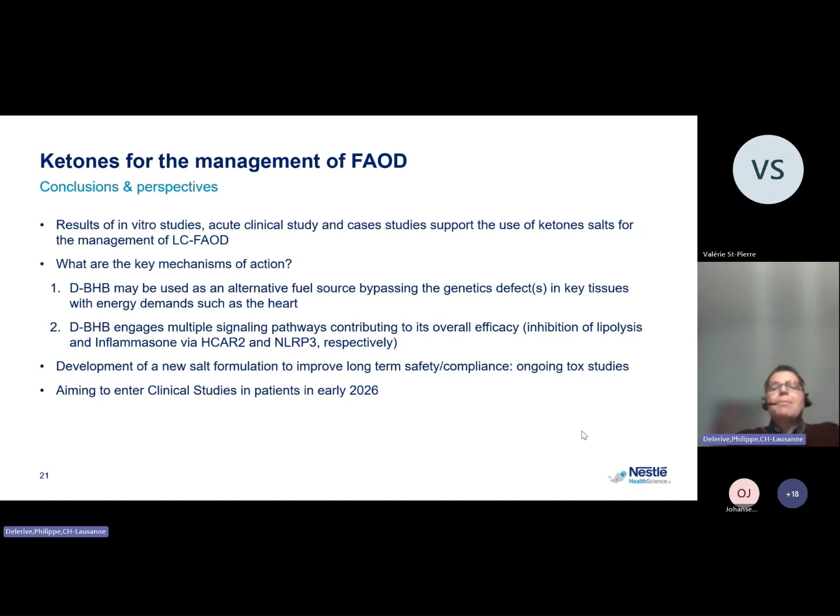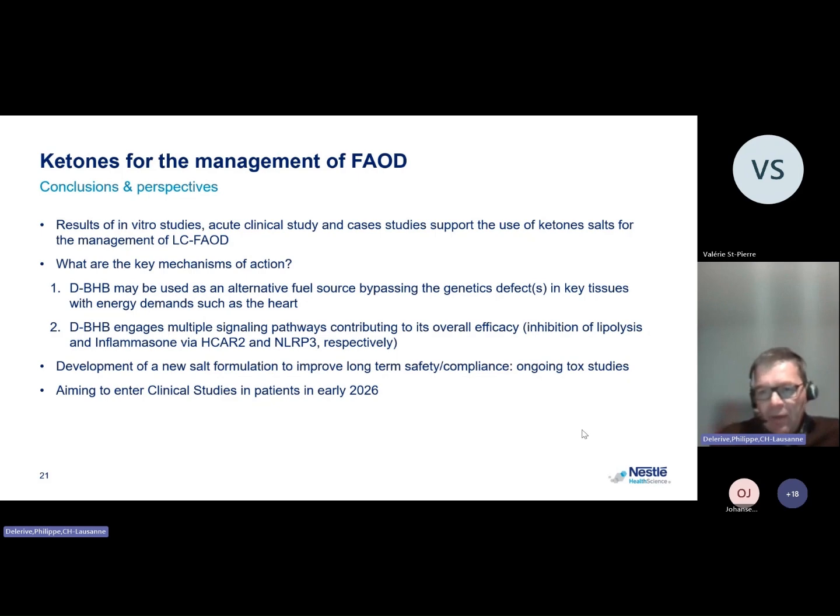I didn't show it here, but we also have some preclinical data in mice models and more to come, suggesting that this is one of the key mechanisms involving the beneficial properties of BHB supplementation. We do also strongly believe that there's a key impact of the signaling properties of BHB engaging various signaling pathways such as lipolysis, inflammasome, but also, among others, antioxidation, for instance.